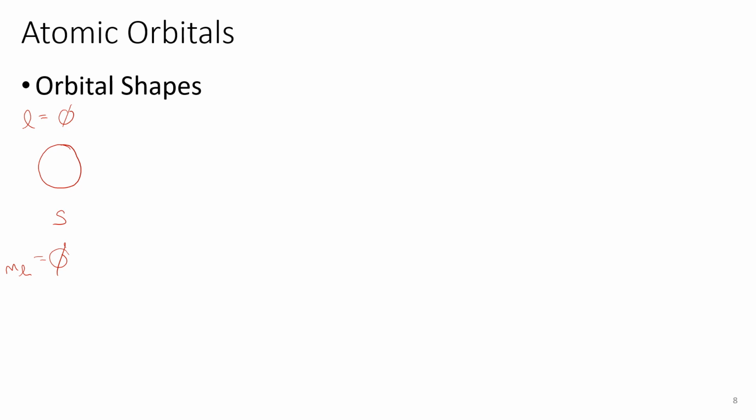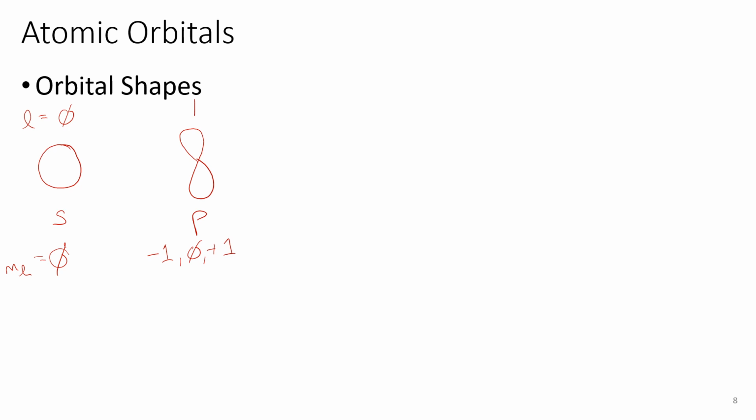We then also have our l equal to 1. Our l equal to 1 shape is what we refer to as a dumbbell shape, and this is our p-type orbital. With our p-type orbital for our ml values, we have -1, 0, and +1 as our potential ml values. So what this tells us is that we have 3 orientations in space for this p-type orbital, or this dumbbell shape.